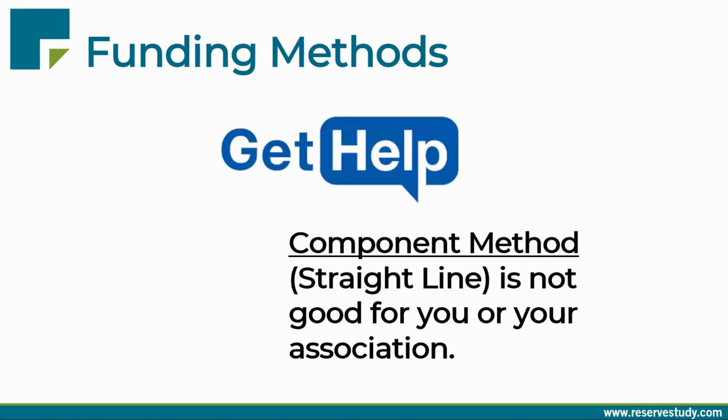So if you're calculating your own reserve funding requirements by the component method, where each component's reserve needs are funded individually, please stop. Hire a reserve study professional and let them create a smoother funding profile for your association using cash flow methodology that doesn't punish your homeowner so severely in the first few years of the plan.